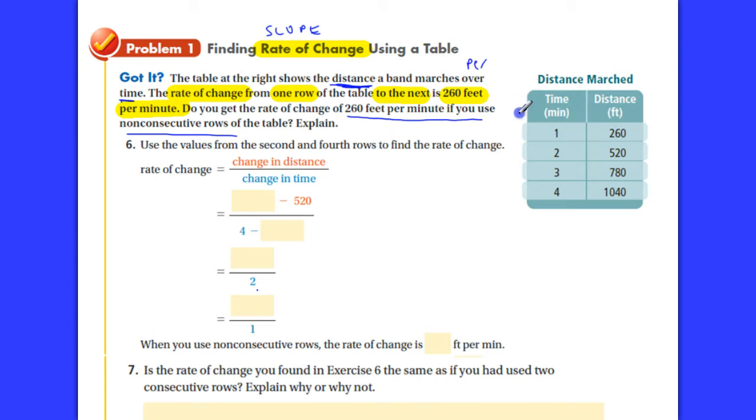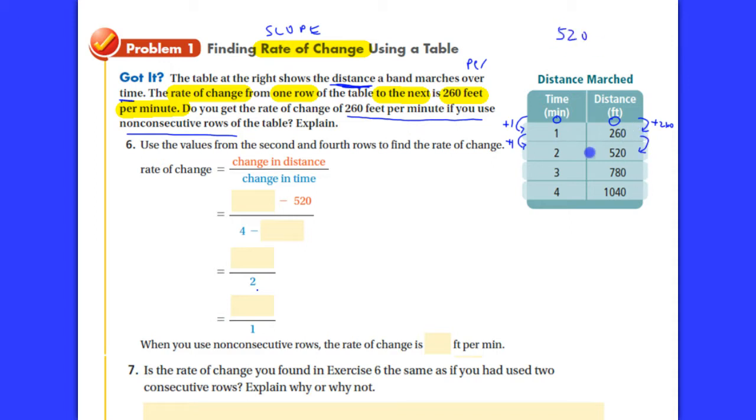Let's look at what they're trying to show you here. Here would be a really easy way to show you. I'm going to plug in 0 here, and you can do this too. At 0 time, consider how far this band would have marched. Well, 0, right? So when I go from 0 to 1, time went up 1 minute, and the distance went up 260. When I went from 1 minute to 2 minutes, time went up 1 minute, and the distance, we could figure this out up here, 520.